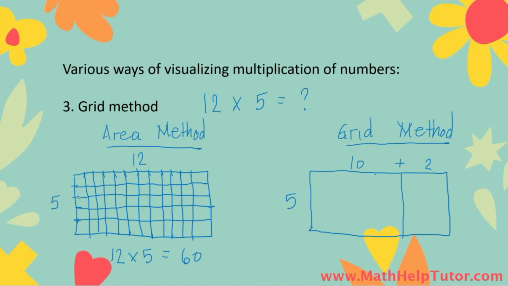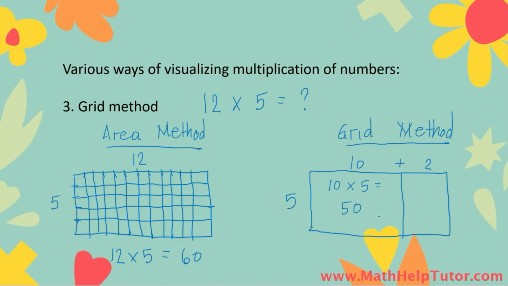Notice that we have formed two different rectangles here. One rectangle has a length of 10 and a height of 5, and another has a length of 2 and a height of 5. And again, if we want to know the area of a rectangle, we just have to multiply the length of the sides. So to get the number of squares inside this rectangle, we just have to multiply 10 and 5, which is easy to do.